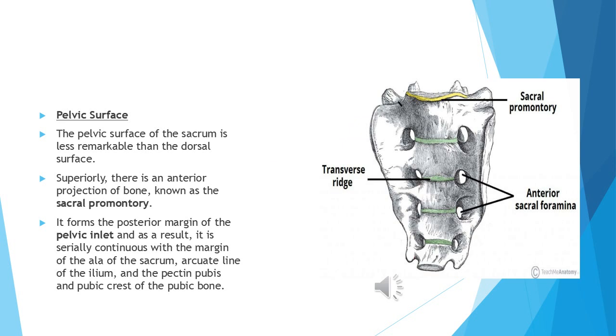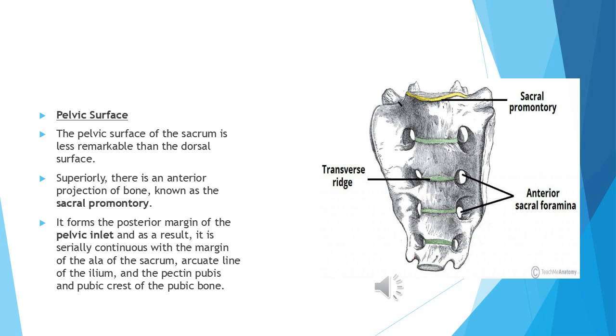The pelvic surface of the sacrum is less remarkable than the dorsal surface. The surface is concave and is directed downward and forward. Superiorly on the pelvic surface, the anterior margin of the body of the first sacral vertebra is known as the sacral promontory.